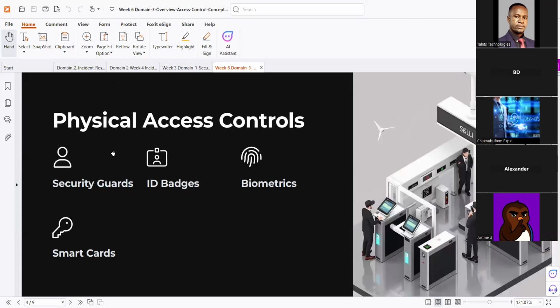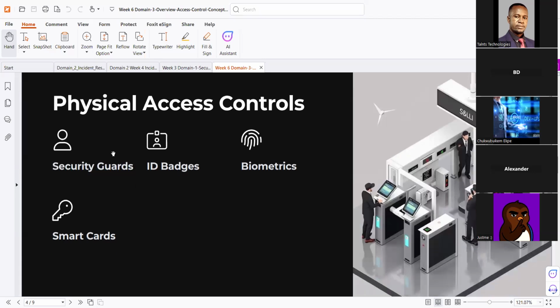Now, we have different types of physical access control. We have security guards, ID badges, biometrics, smart cards, and these are not limited to other physical controls. If you look at the pictures there, you will see different types of physical control.